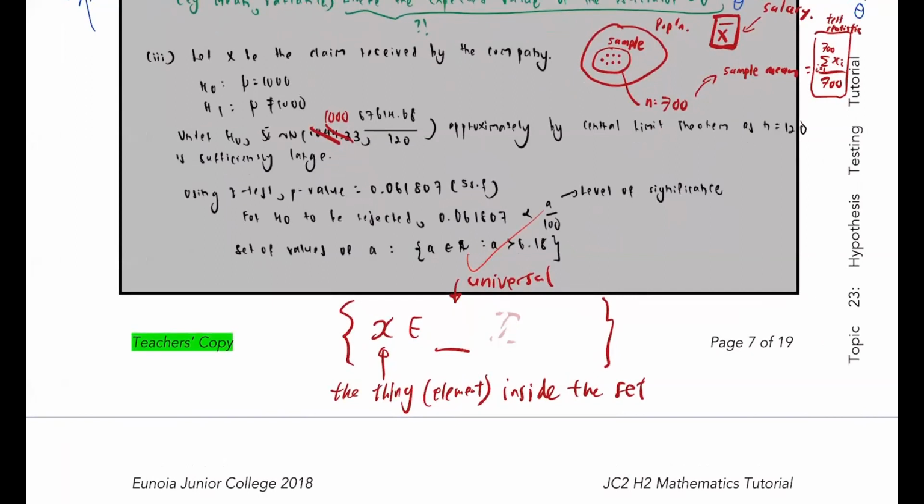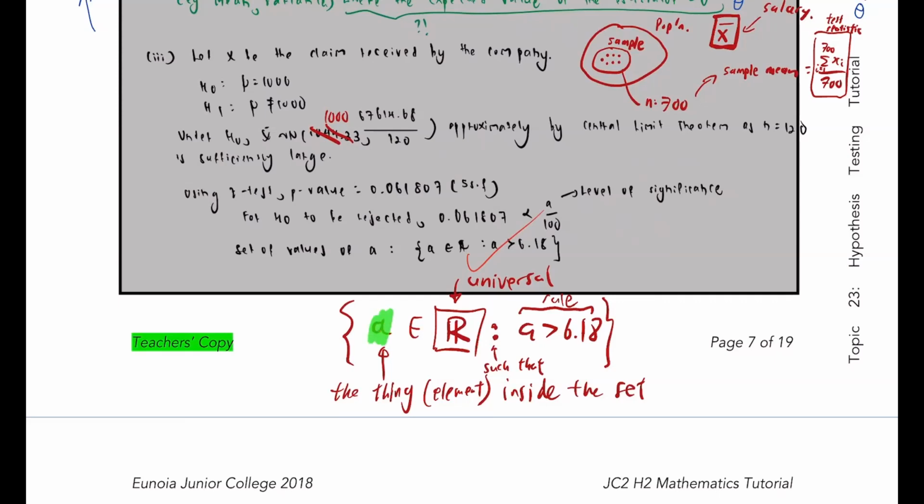If the R got replaced with Z, what does it mean? Integer, yes, correct. So if this was Z, it would be element of integer, but we don't want that, right? We want our alpha to be real numbers, so we put down R. Then you put a colon, which is read as such that, we must let the X obey a certain rule. In this case, if I never use X, I use alpha straight away, it must be more than 6.18. This is the rule. This is how you construct a set.